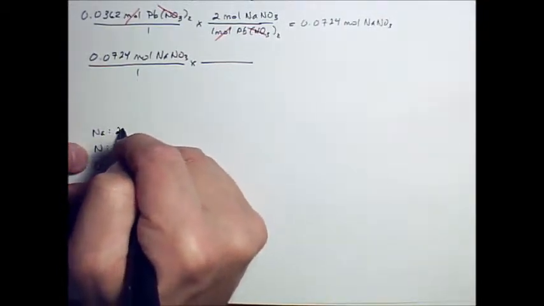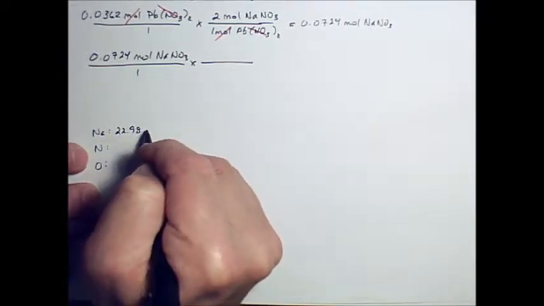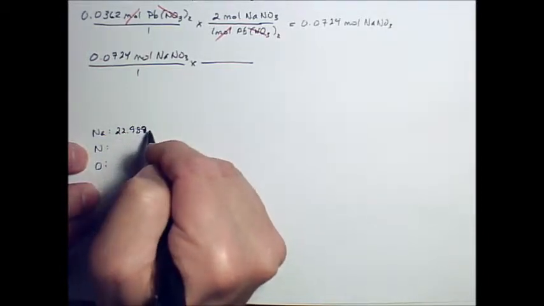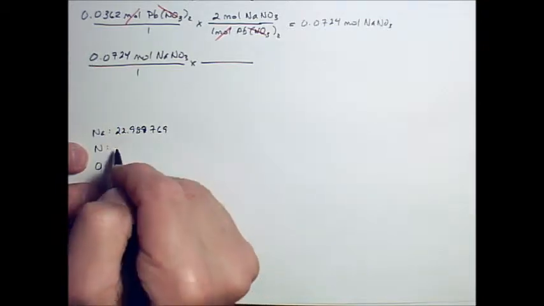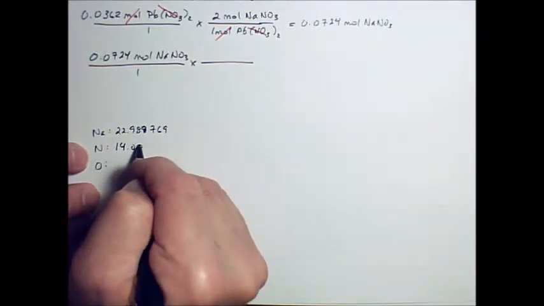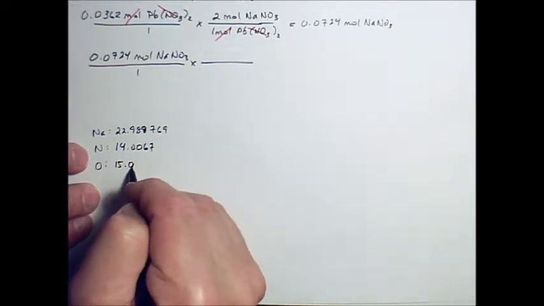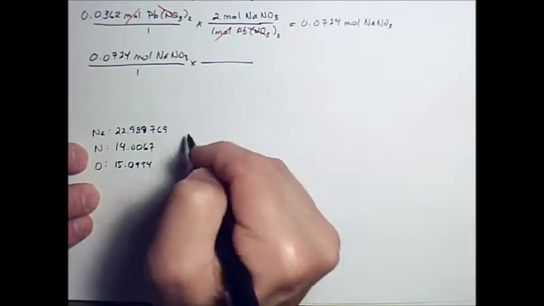Sodium's atomic mass is 22.98976928. Nitrogen is 14.0067, and oxygen is 15.9994.